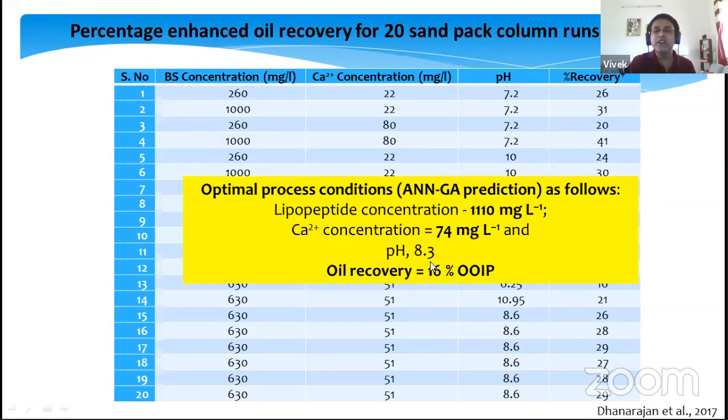So we eventually achieved additional recovery of about 16% of original oil in place. That's an example which I showed you. So we used bioproducts, that means biosurfactants and biopolymers, to effect additional recovery, what you call tertiary oil recovery.